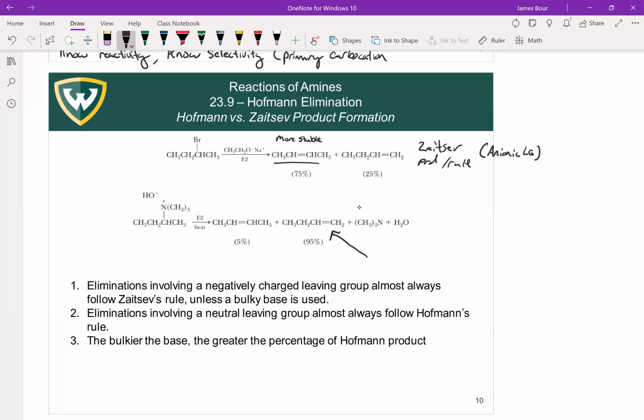Eliminations involving a neutral leaving group almost always follow Hofmann's rule. And this is a neutral leaving group. Once it leaves, it becomes neutral.